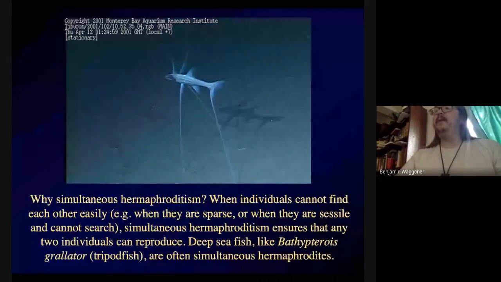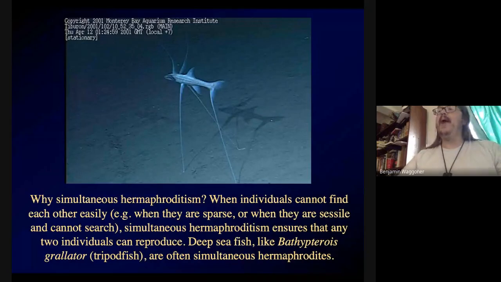Simultaneous hermaphroditism makes sense. All of these strategies make sense. There's an evolutionary rationale for every one of them. Neither one is especially the right or the wrong way to live. They're just things that work in the environments that we're looking at.